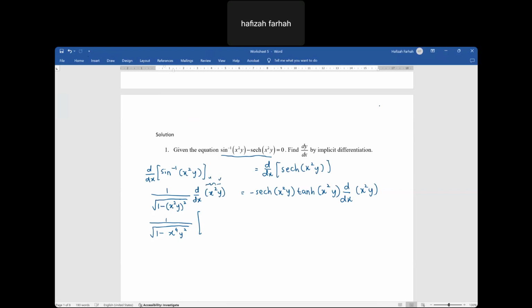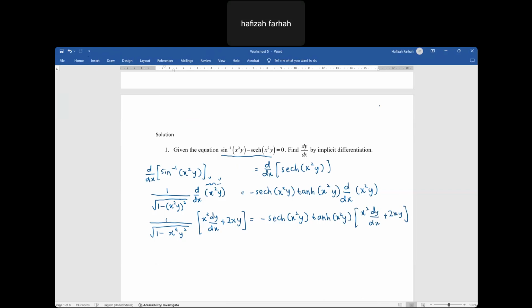So u v prime, x squared dy/dx, plus v u prime, where u prime is 2xy. This one would remain negative secant hyperbolic times tangent hyperbolic, the same as this one, x squared dy/dx plus 2xy.